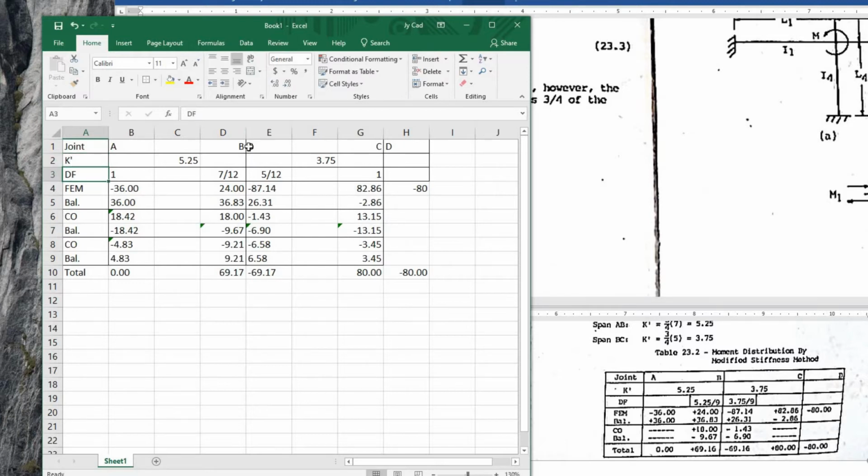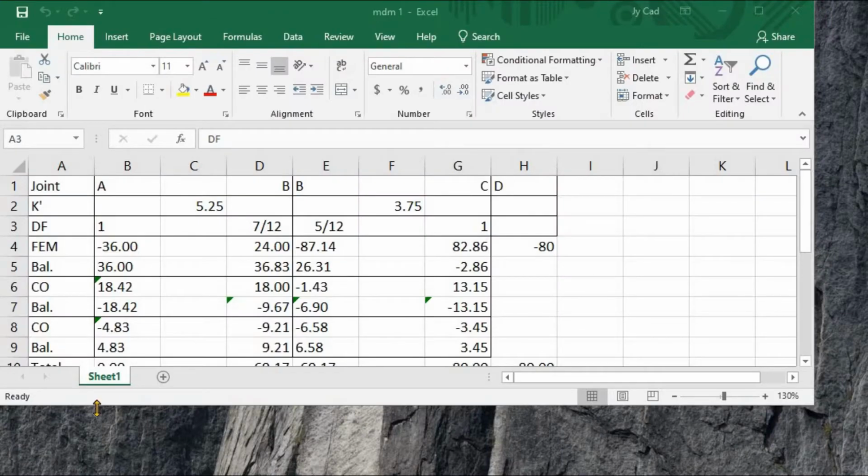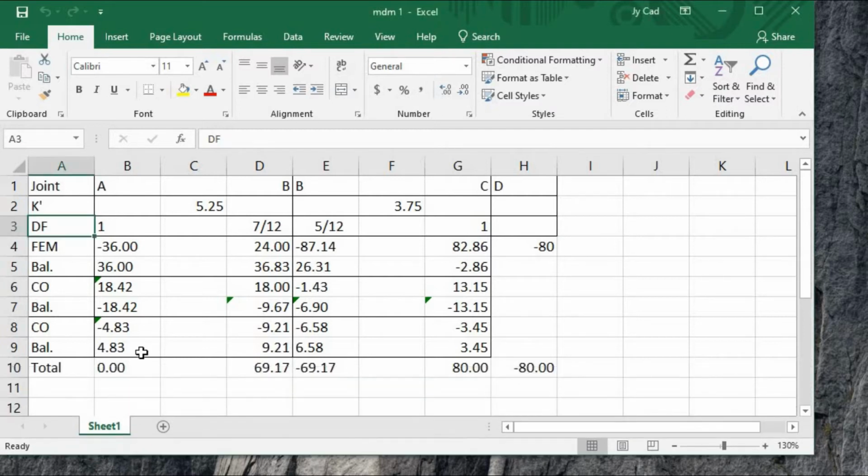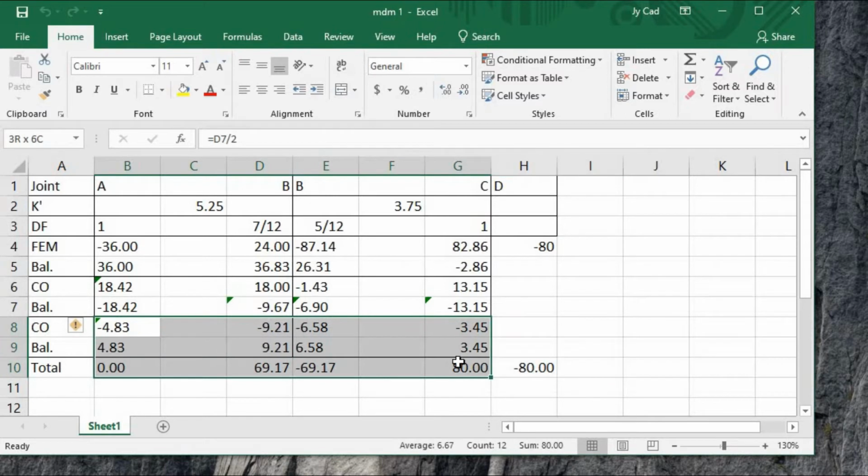Okay, guys. So, same procedure as before. Going back sa ating Excel, gagawa tayo ngayon ng pattern. Okay? So, ang pattern natin yung second cycle. So, let's say, second cycle pa lang ang naaabot natin, ano?